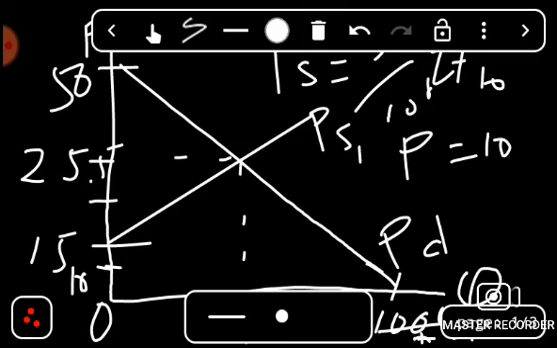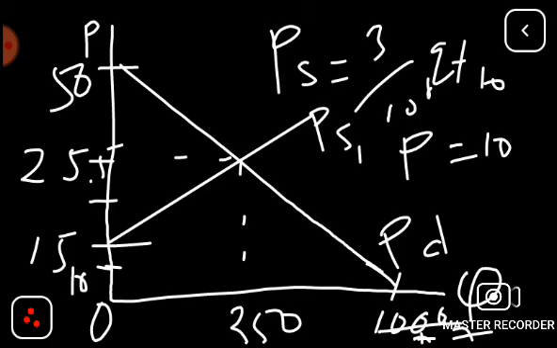So this is supply curve 1, so we're going to have a supply curve 2. But remember that our quantity has moved from 350 to 400 as our new equilibrium, and our new equilibrium price is now 22. Don't forget that. And we have 10, which we have calculated from our supply function.